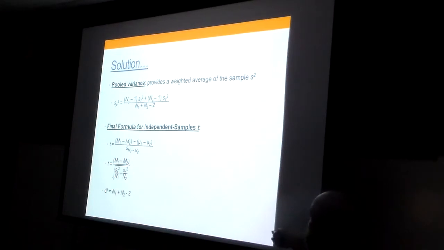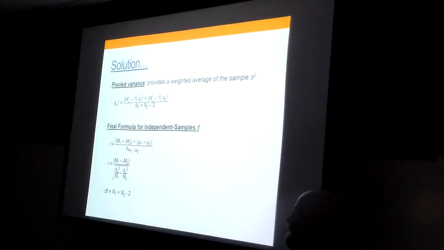And so for our final formula for the independent sample t-test, we take mean 1 minus mean 2 over the standard error of the difference in means. We calculate this standard error as the square root of the pooled variance over sample 1 plus the pooled variance over sample 2.